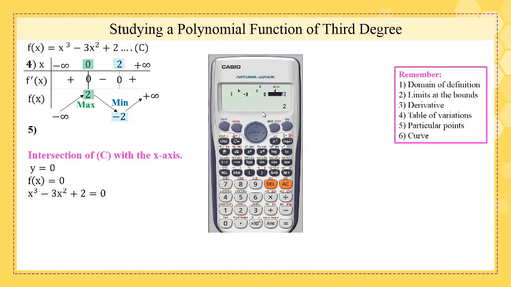To see the roots of this equation, press equal again. x1 is the first root, which equals 1 minus radical 3, which approximately equals minus 0.7. If we press equal, we get the second root, denoted by x2, which equals 1 plus radical 3, which approximately equals 2.7.